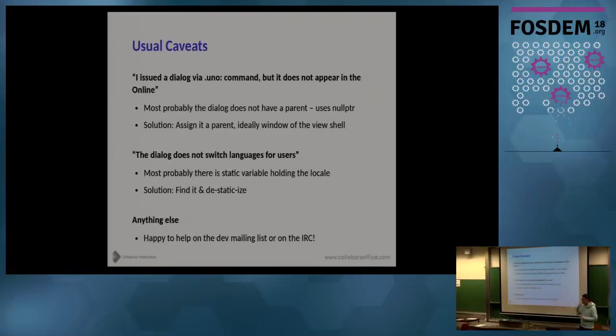It doesn't appear when it gets null as the parent, because in that case it doesn't have the LOK notifier set, and it is usually enough to set the parent to the window of the view shell. If the dialog doesn't switch the languages for the user, then you have to find the place where there's some static variable.